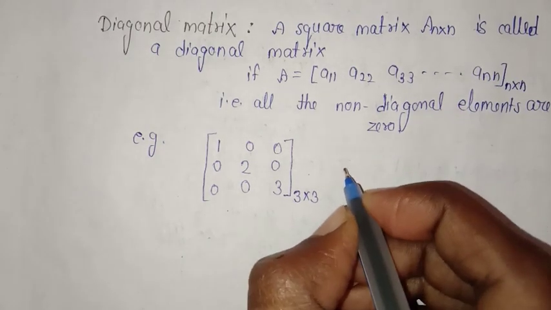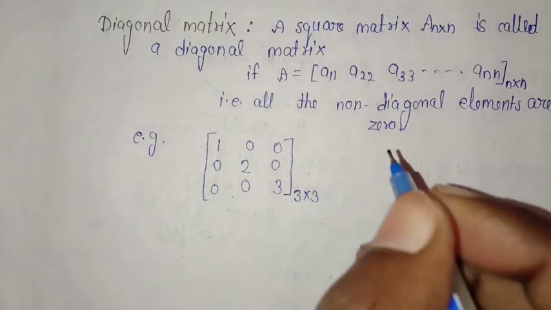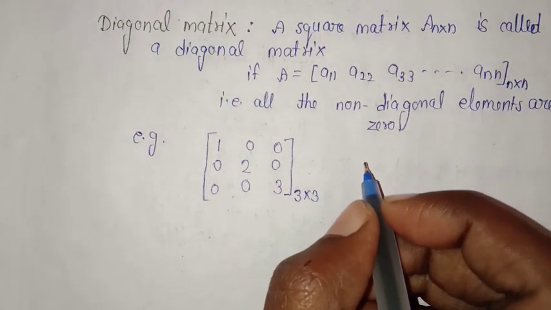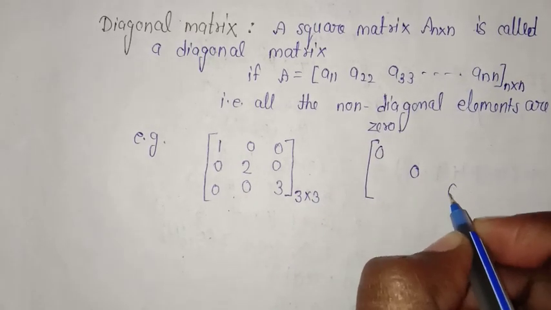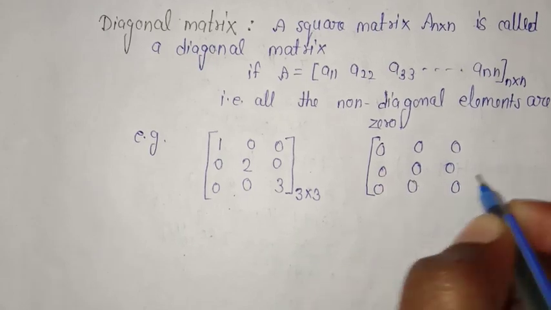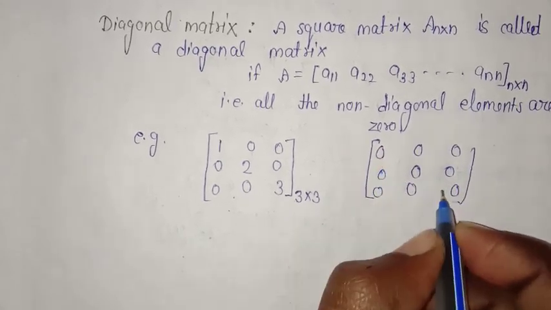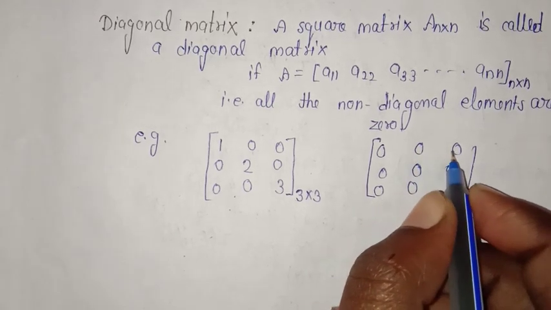So we can conclude from here that every null matrix is also a diagonal matrix, because in this case all the diagonal elements are 0 and non-diagonal entries are also 0. On the leading diagonal the elements may be 0 or non-zero, but we have to see the non-diagonal elements.